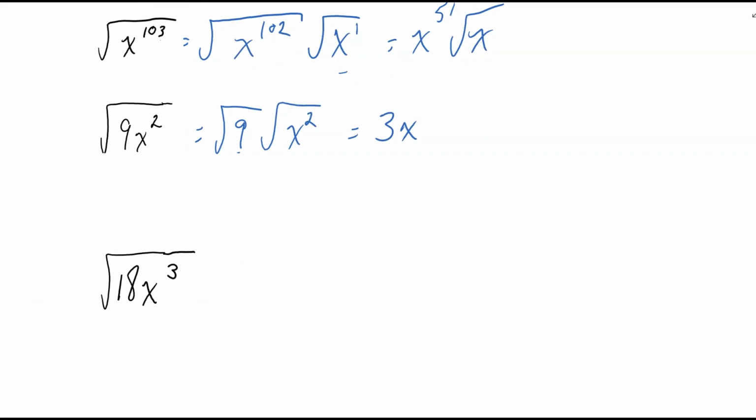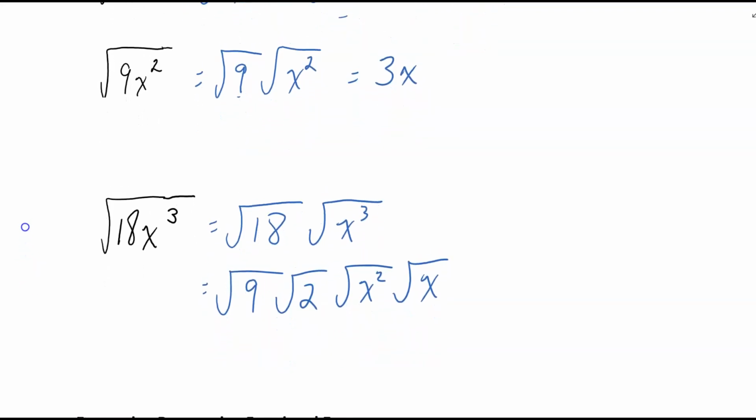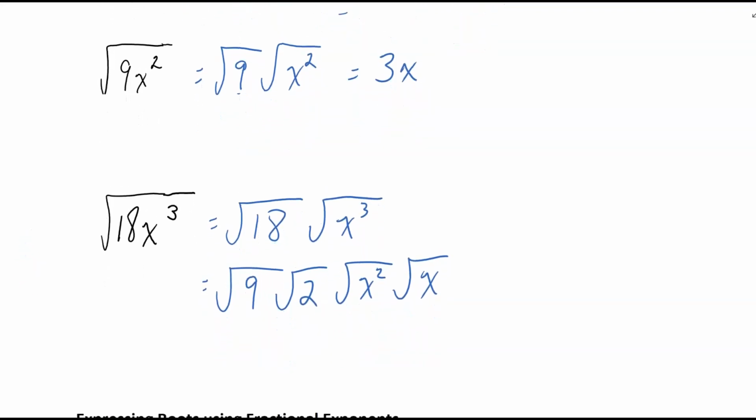The square root of 18x cubed. Well, the square root of 18 and the square root of x cubed. Break this down a little more. This one's actually the square root of 9 times the square root of 2 and the square root of x squared and the square root of x. So let's go over here with it.